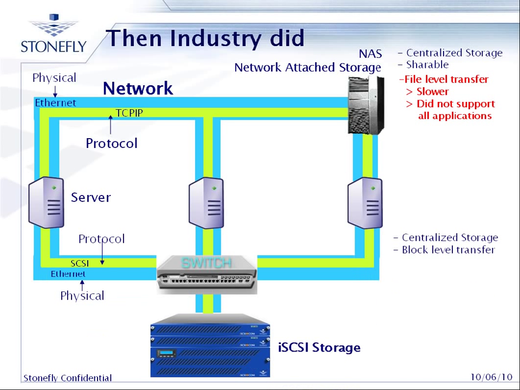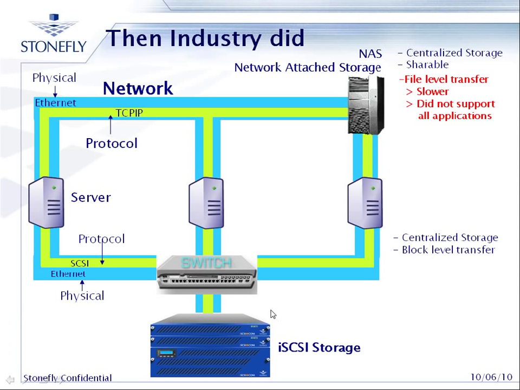The next thing the industry did was bring in iSCSI. The difference in iSCSI is that the physical interface for iSCSI and the networking is the same. You're running over Ethernet, and the protocol that you run over Ethernet is SCSI.